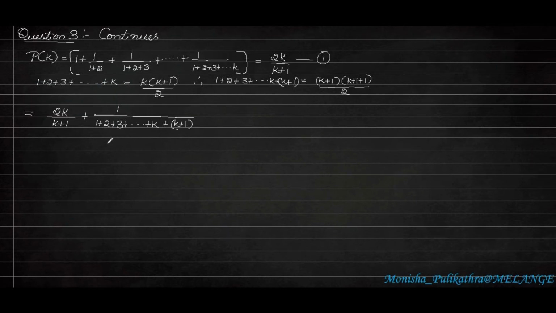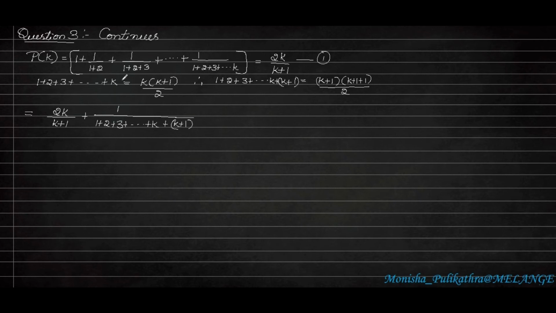Let us continue the third question. Before continuing, for your understanding, I have written equation 1. Equation 1 is 1 plus 1 by 1 plus 2 up to 1 by 1 plus 2 plus 3 up to k is equal to 2k by k plus 1. And one more formula is there, which we have used in previous problems. That is 1 plus 2 plus 3 up to k, or it can be taken as n, since k is here I have taken it as k. This formula is equal to k into k plus 1 by 2.